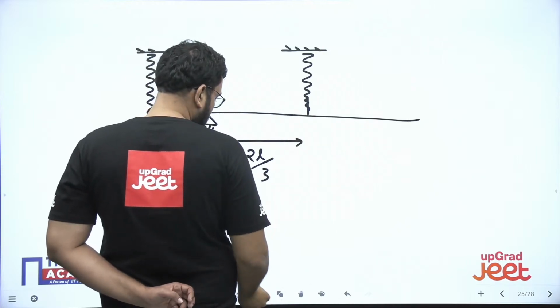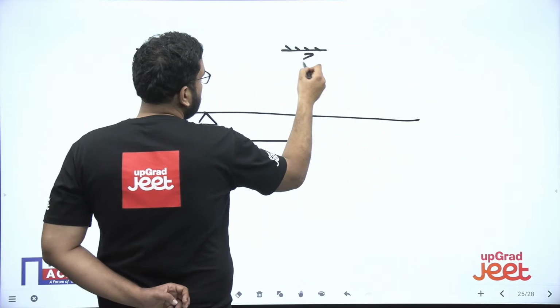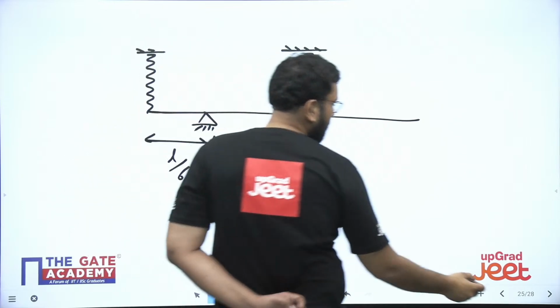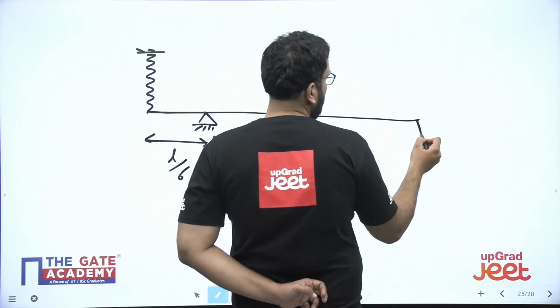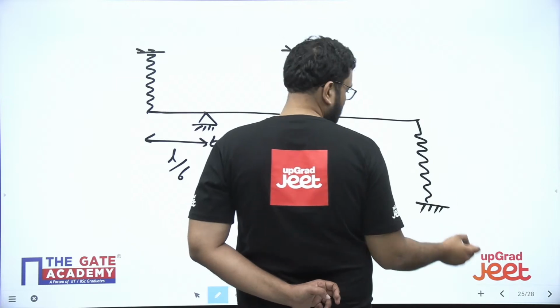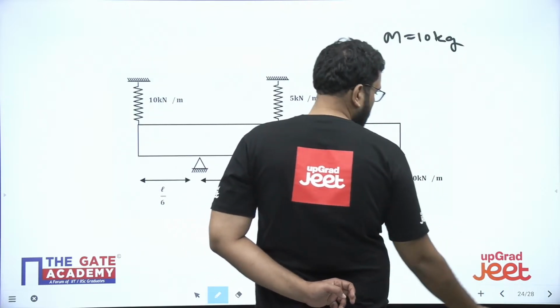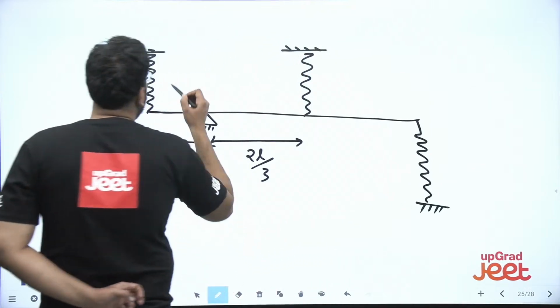We have one more spring here, and at the very end also we are having one spring. What are the stiffnesses given to us? This is 10, 5 and 10. So this is 10 kilonewton per meter.